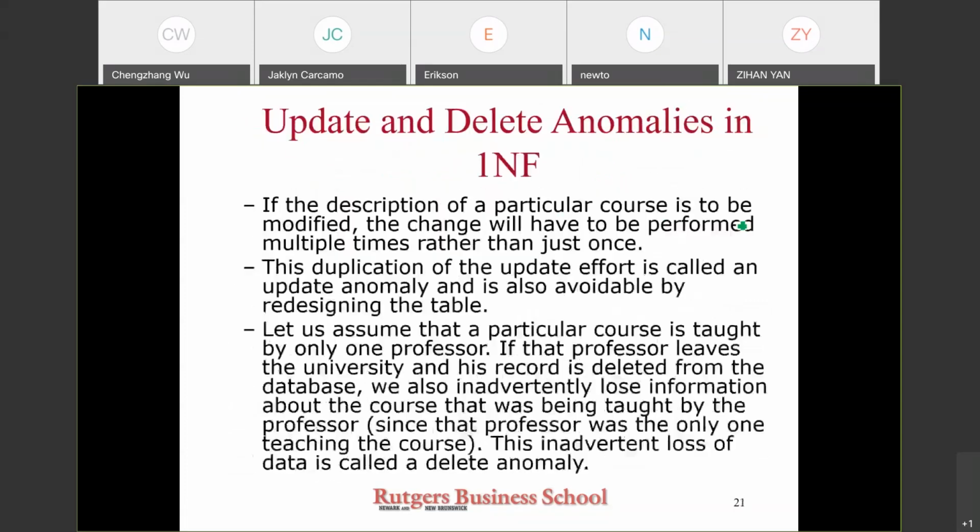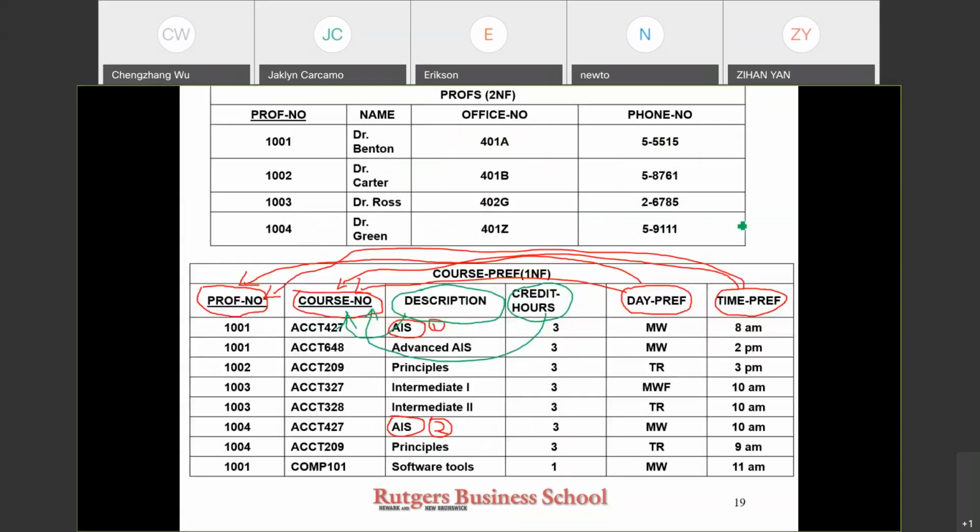Let's go back to the professor table. It is only in second normal form. Now let's assume that there is exactly one phone in every office, so there can be only one phone number associated with a given office.